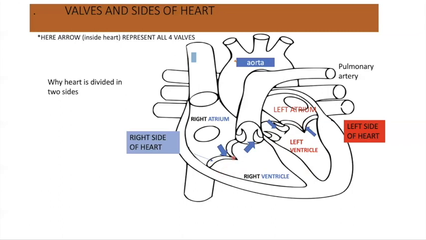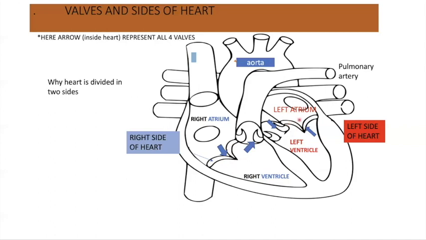These valves lie between the upper part and the lower part. Atrioventricular valves lie between right atrium and right ventricle, and the second AV valve lies between left atrium and left ventricle. This valve is known as tricuspid valve, and the left side valve is known as bicuspid valve.